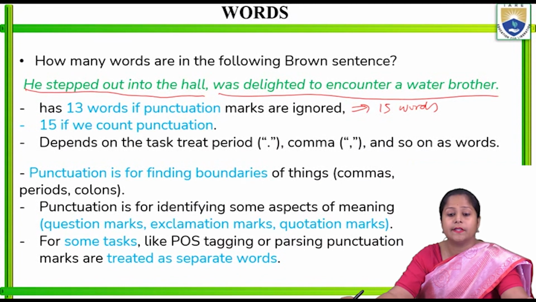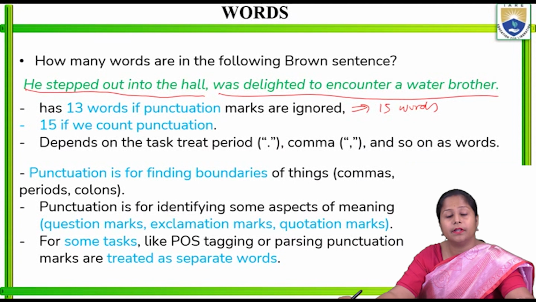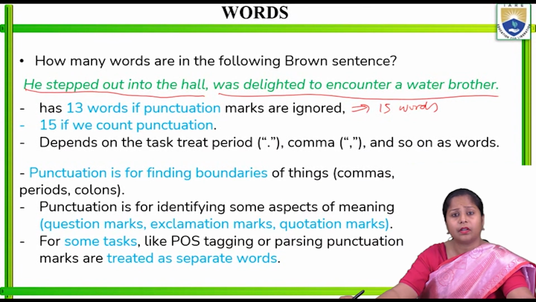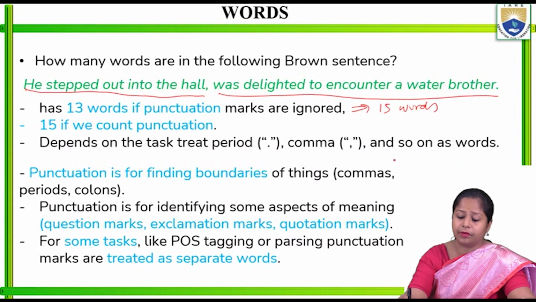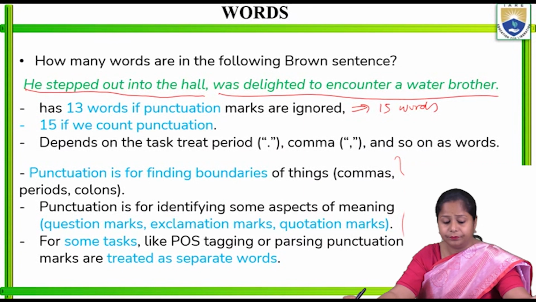Punctuation marks are the dot, the comma, the semicolon. They separate the different sentences and differentiate one sentence from another. Some words also will be treated like punctuation. Punctuation is for finding the boundaries of things that I have said: comma, period, and colon.